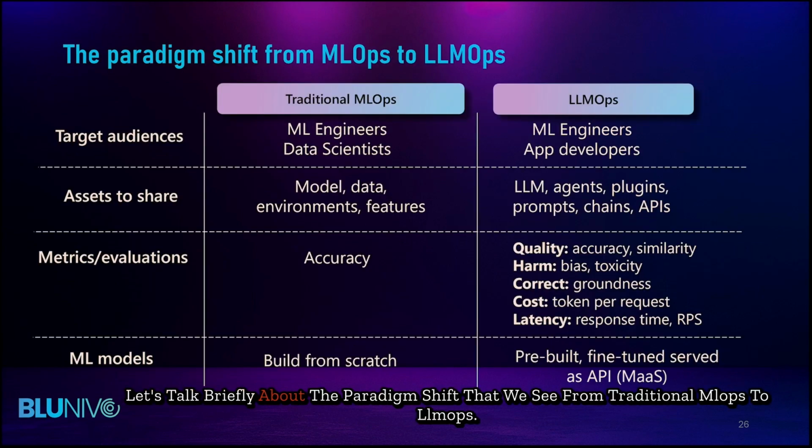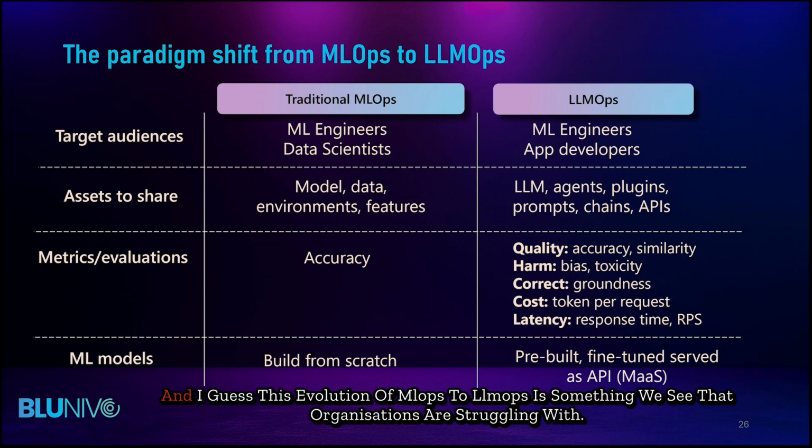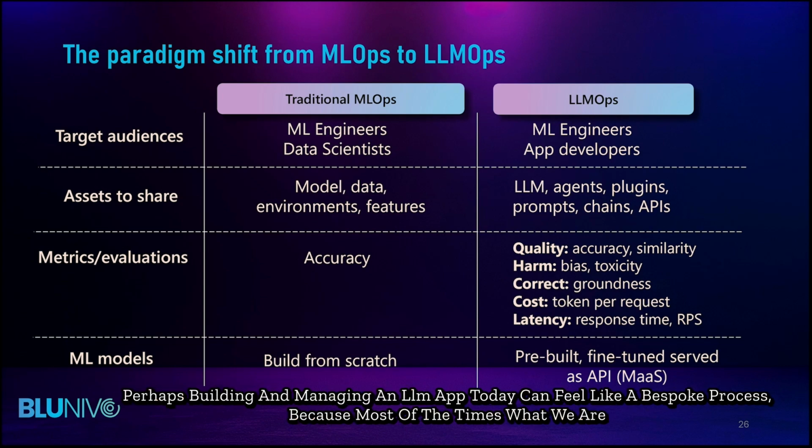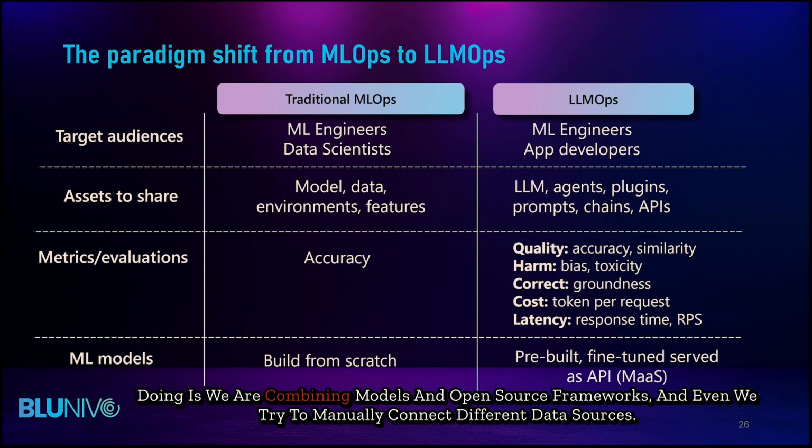Let's talk briefly about the paradigm shift that we see from traditional MLOps to LLM ops. And I guess this evolution of MLOps to LLM ops is something we see that organizations are struggling with. Perhaps building and managing an LLM app today can feel like a bespoke process because most of the time what we are doing is combining models and open source frameworks, and we even try to manually connect different data sources.